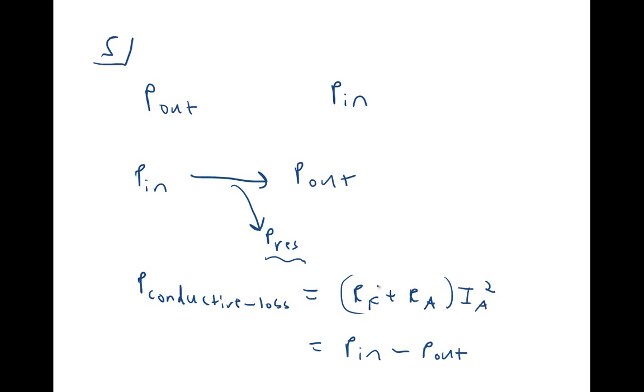So RF plus RA, we know. We know the P in, we know P out, and so we can use this to solve for IA. So we can determine IA from this approach. See what we're supposed to find. What is the speed, torque, and voltage Vt?